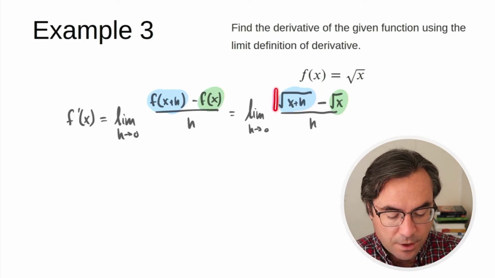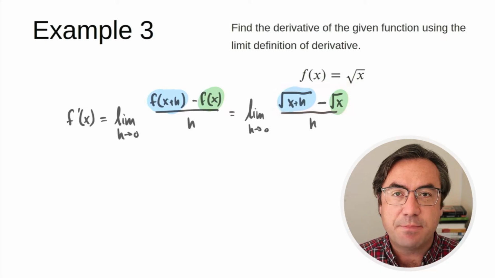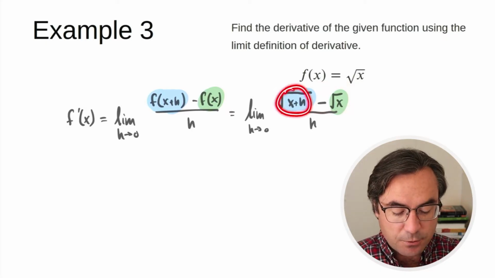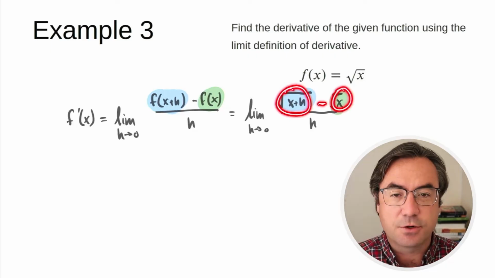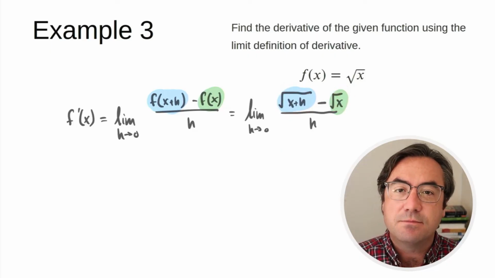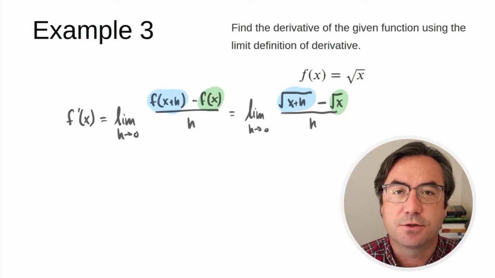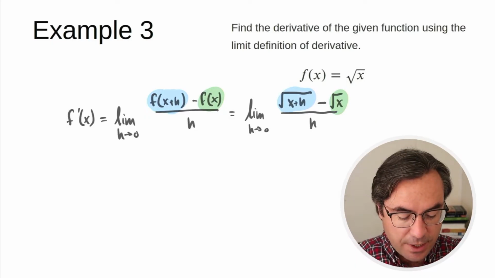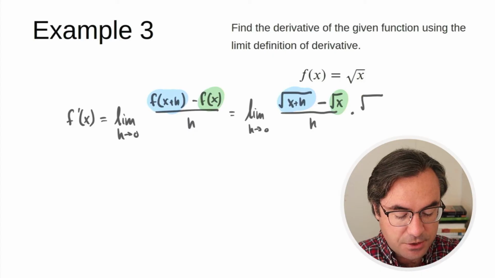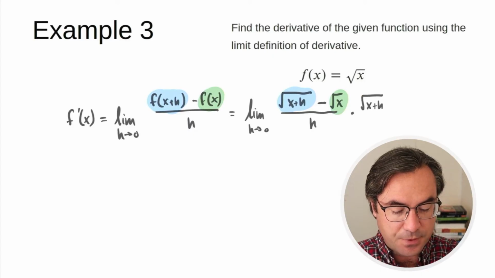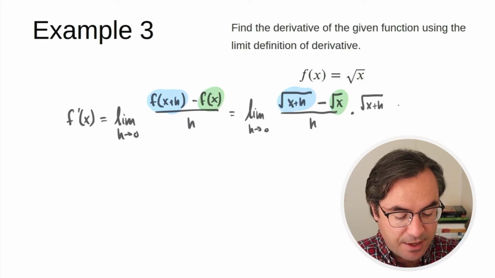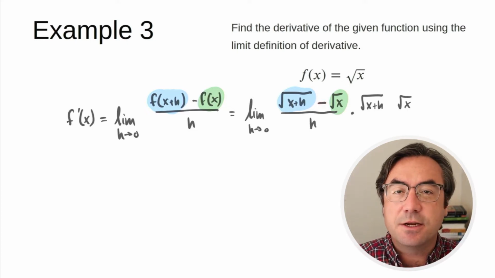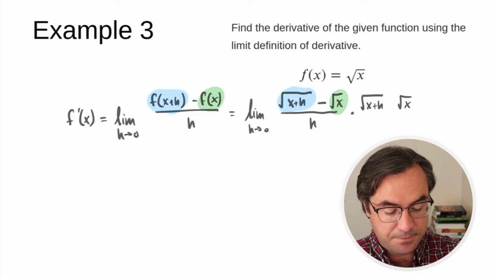One of our strategies that we looked at before for those 0 over 0 forms is that when we have square root terms and we're either adding or subtracting, we can rationalize the numerator. So we use the conjugate here. Our algebraic trick would be to multiply by the conjugate. It's the exact same thing, the only difference is we have a minus sign here, so we change it to a plus sign.